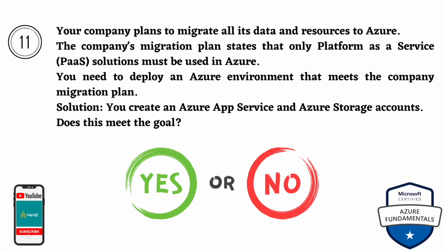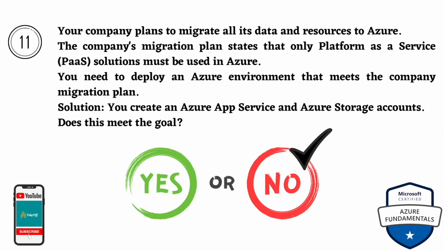Does this meet the goal? Azure App Service is a platform as a service. However, the Azure storage account comes under infrastructure as a service. So since the storage account is infrastructure as a service, this doesn't meet the goal. And the answer is no.